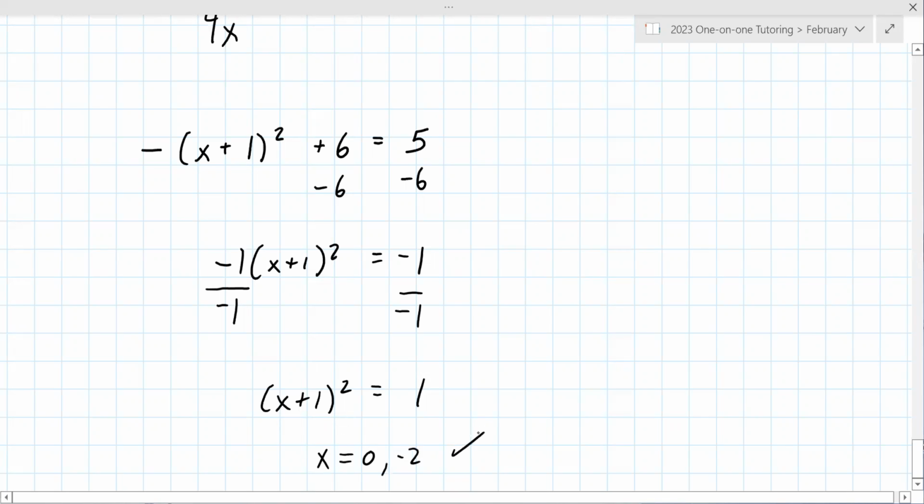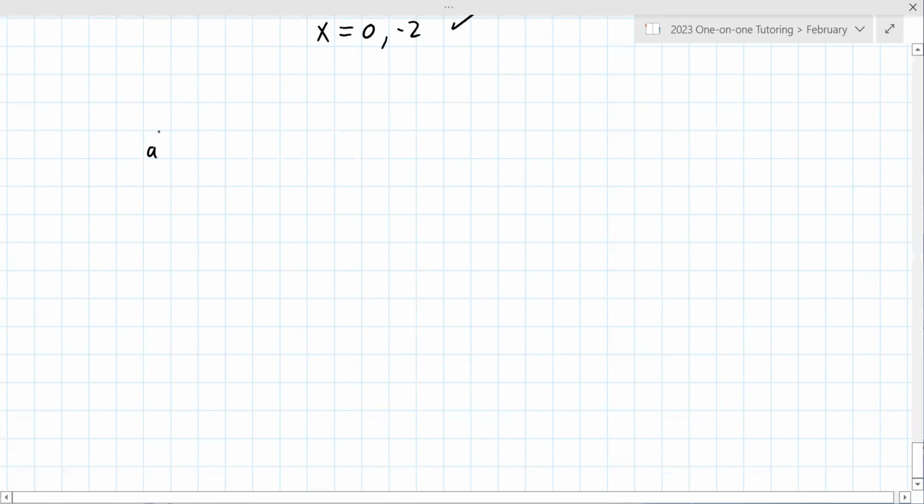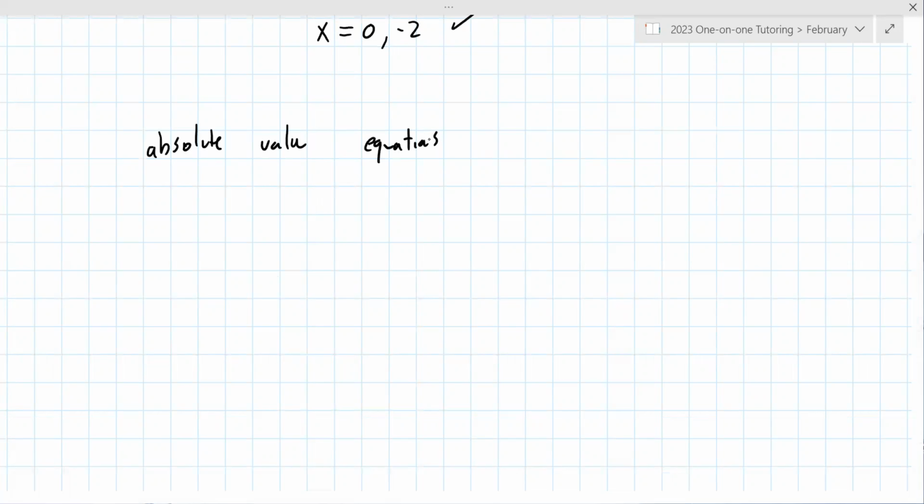Very good. They both work. So everything we've done today also applies to absolute value equations. For some reason, they seem to introduce those at the same time, but in terms of the case 1, case 2, that's related here.